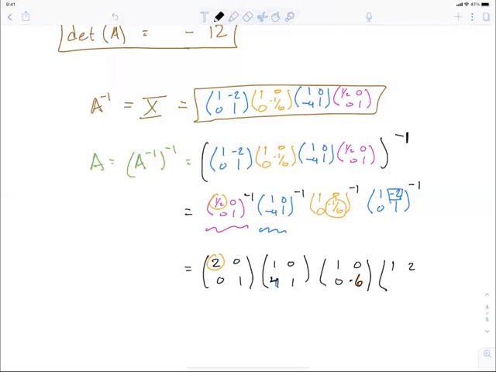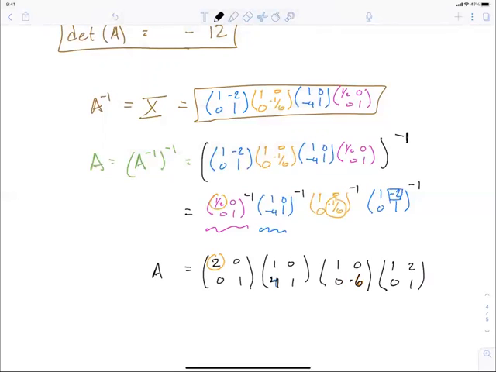So the corresponding matrix is going to be that. So it turns out that A, once you have your row operations done, once you've row reduced the matrix to the identity, there's a very easy way of writing a matrix in terms of its elementary matrices.